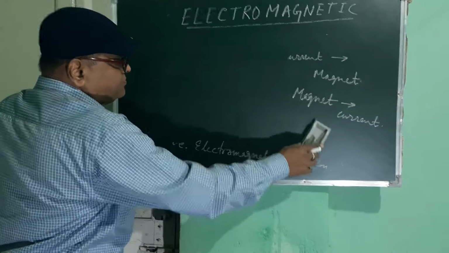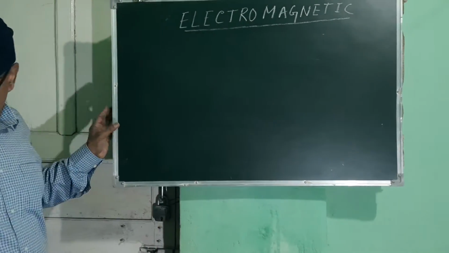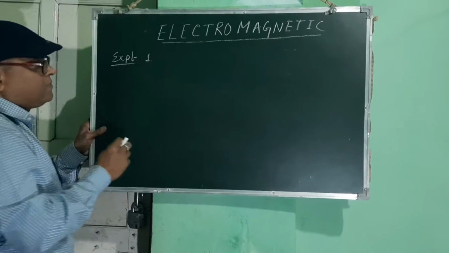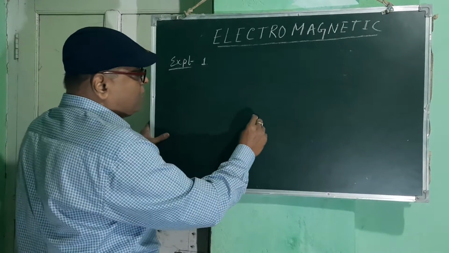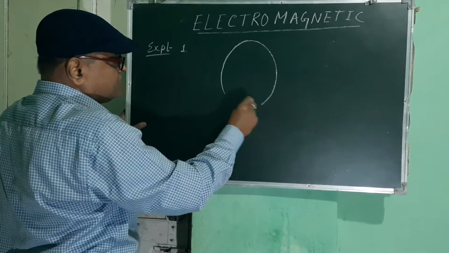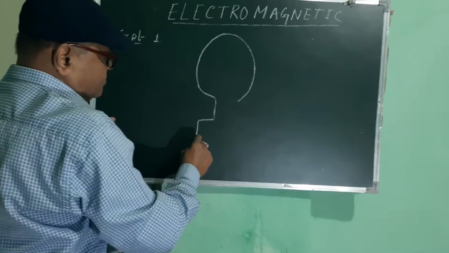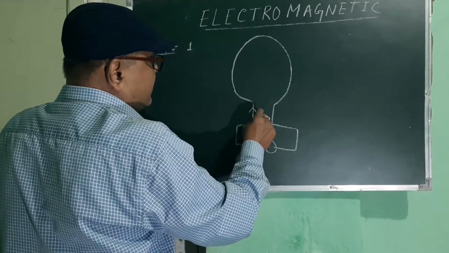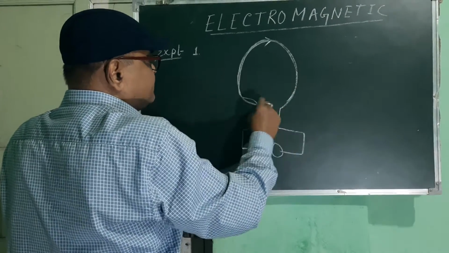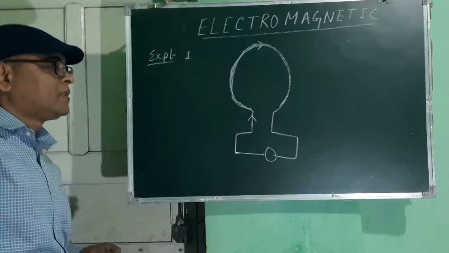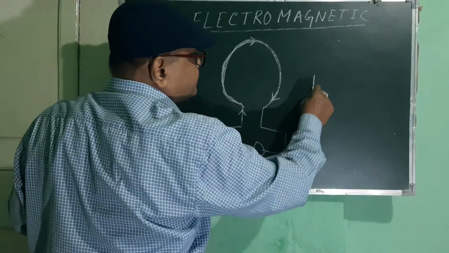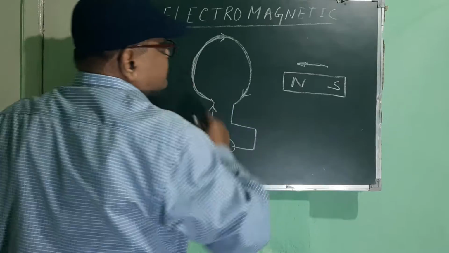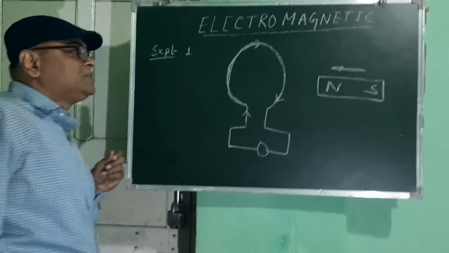Now in the first experiment, there is one coil present with so many turns, and one magnet present. There are north and south poles.